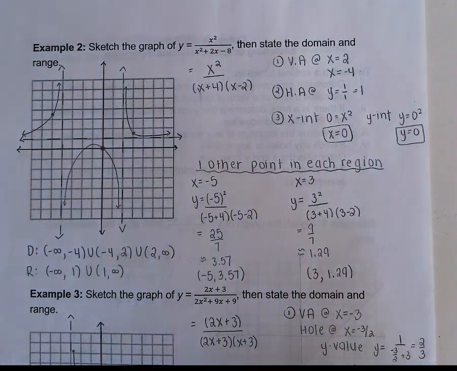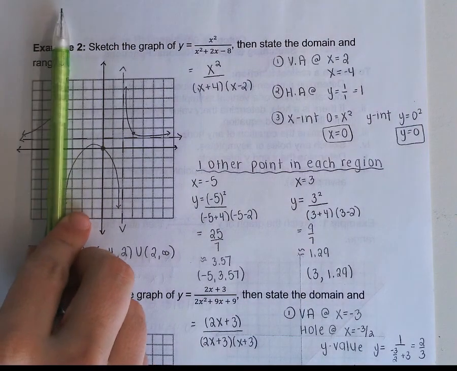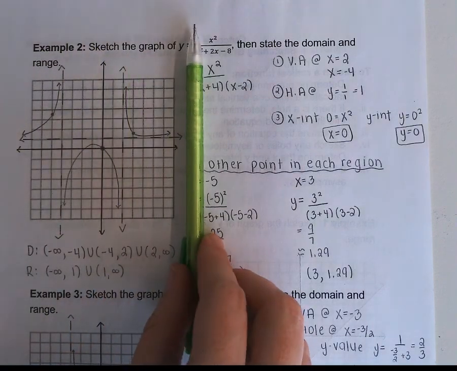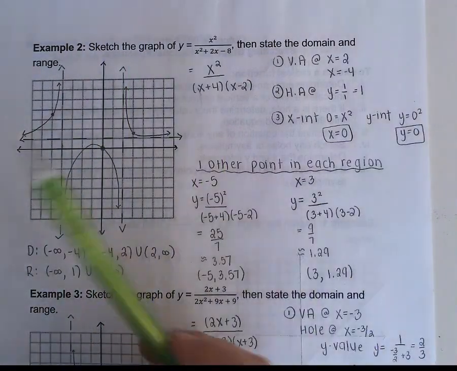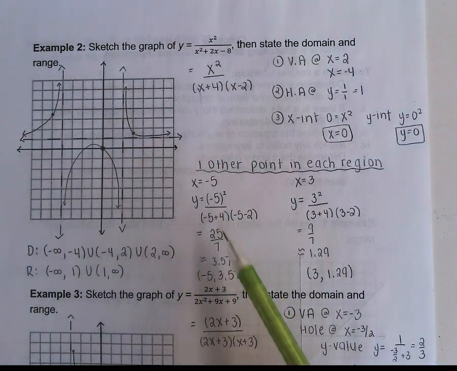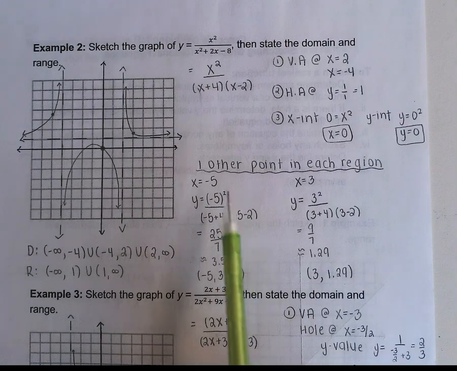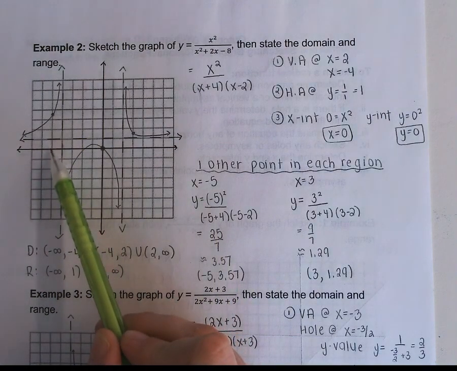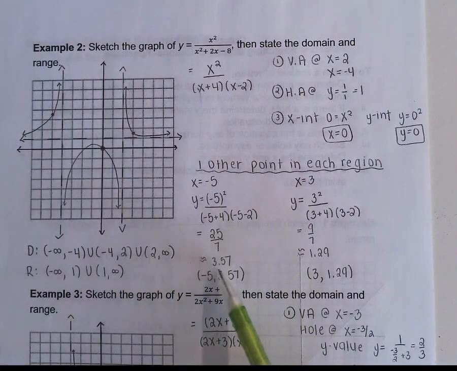What we don't know is what the graph looks like to the left of this asymptote and to the right of this asymptote. So what we need to do is choose an x value on either side and substitute those into our equation so that we end up with another point. So when I plug in x equals -5, which is just the next x value to the left of the asymptote, I get a value of approximately 3.57.